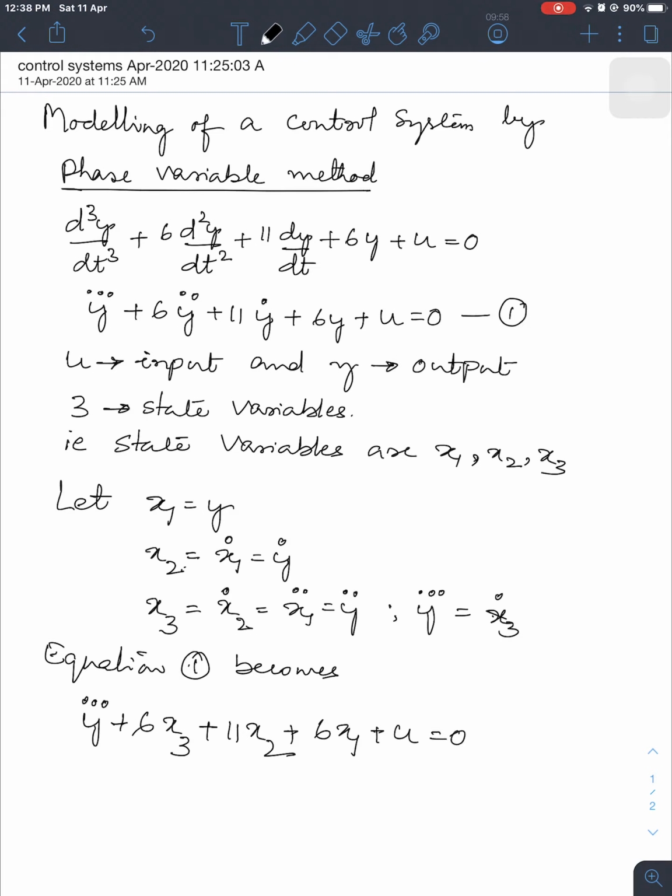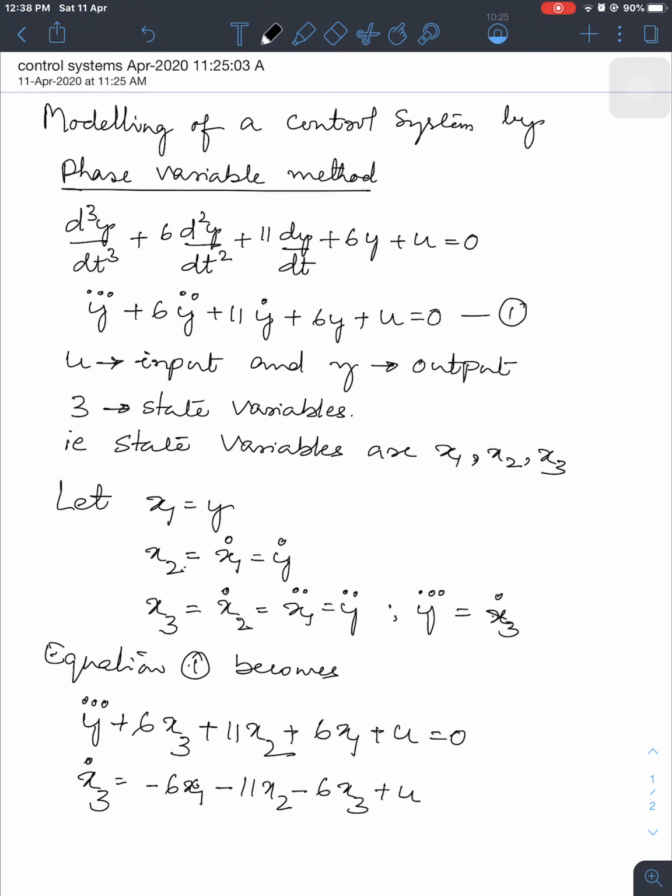Now y triple dot can also be written as x3 dot. We will substitute x3 dot for y triple dot and send all the terms onto the right hand side. So x3 dot equal to minus 6x1 minus 11x2 minus 6x3 plus u.